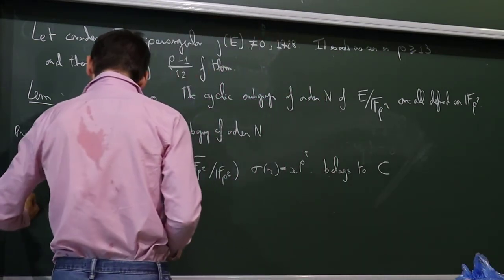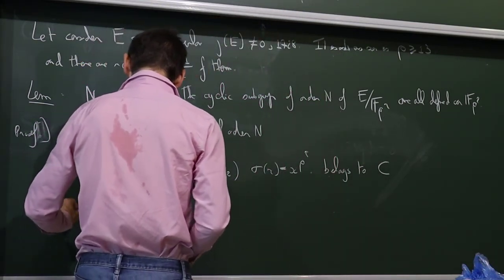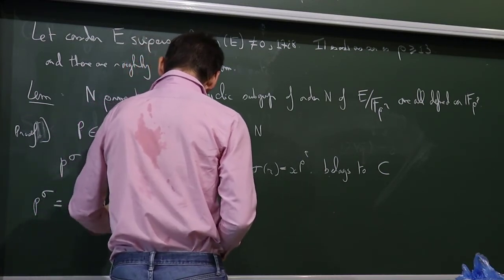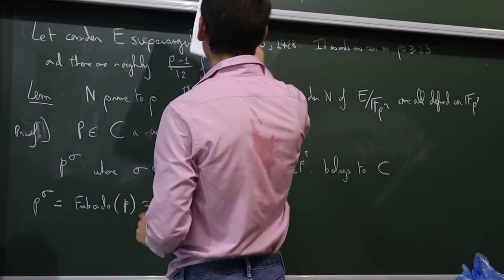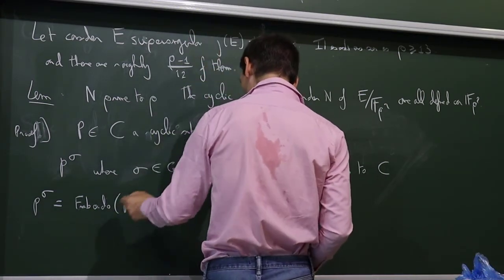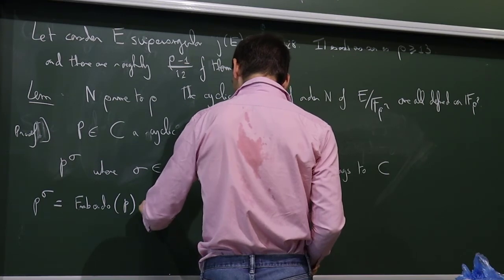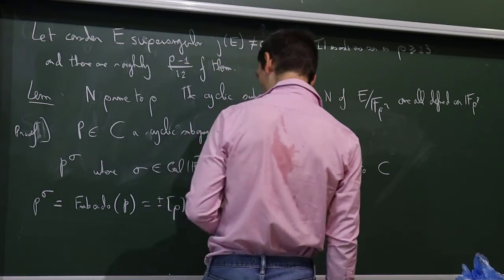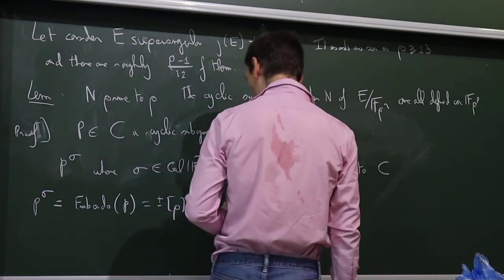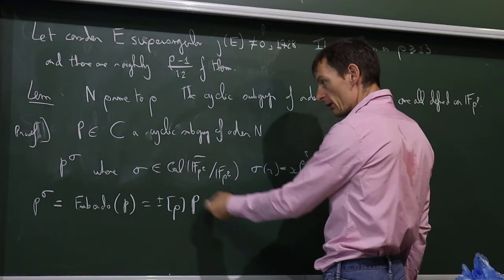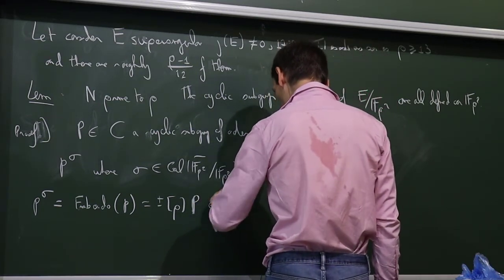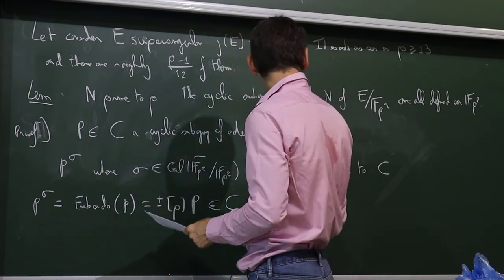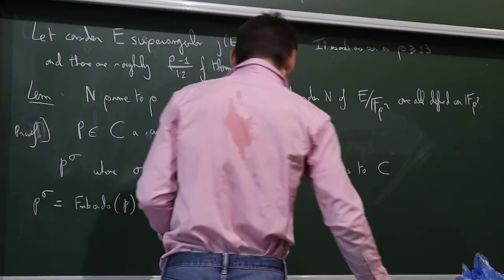So P^sigma is just the Frobenius endomorphism applied to P, and we have seen in the previous proposition that this must be an automorphism, but in that case I have excluded all the other possibilities, so it is plus or minus 1 times the characteristic p times the point P. And obviously this is still inside the subgroup C I have chosen. So the subgroup is stable. Okay, so we are progressing.